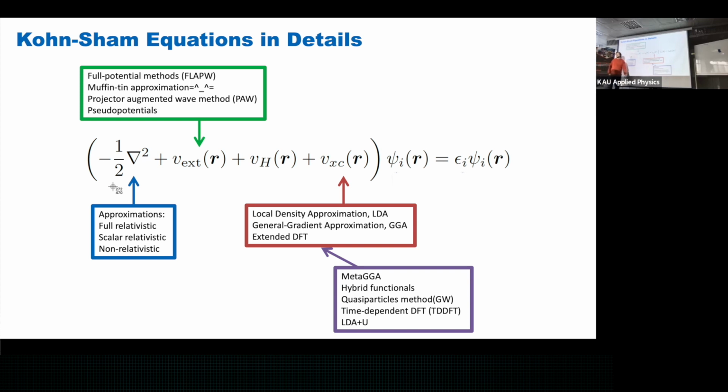So when we want to estimate the number of bands in our Quantum ESPRESSO calculations, we count them. And the nuclei plus non-valence electrons we treat as one entity, one potential. We call it a pseudopotential.